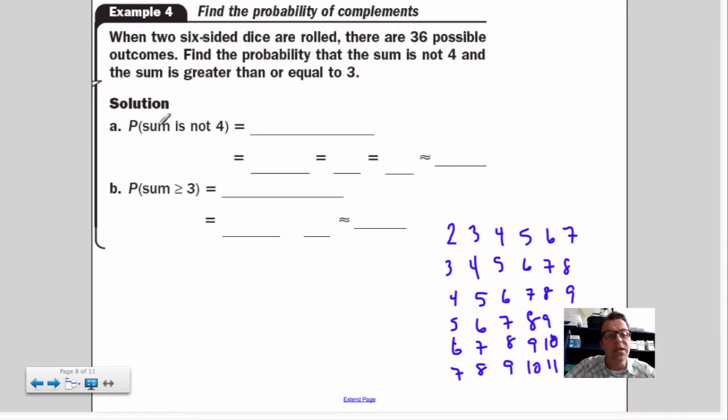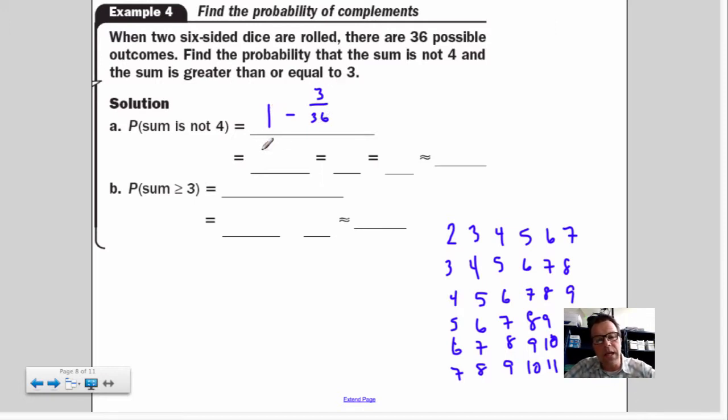The probability the sum is not 4. So realize how many 4s you have. You have 3: 1, 2, 3 4s. So you could count up all the others, or you get to do something that's pretty nice. You say, hey, 1 minus 3 out of 36, because the total probability of rolling any of these totals is 1 or 100%, or 36 over 36.